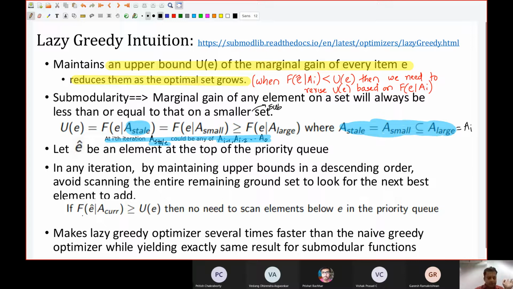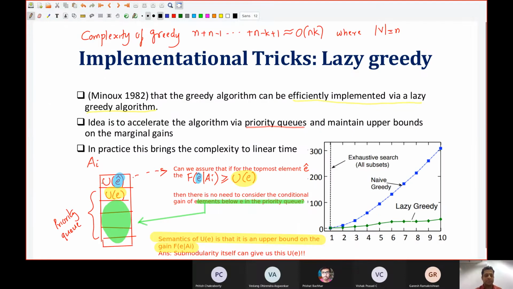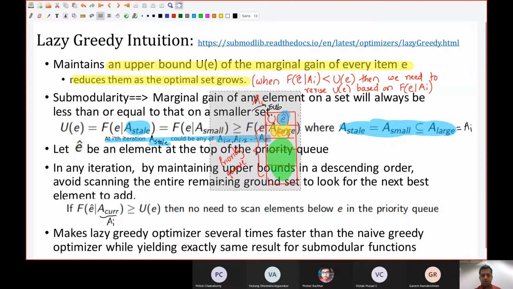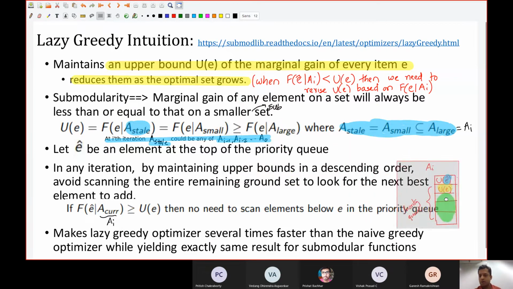So if f of E hat given A current, that is AI, is greater than or equal to U of E, and E hat is the next best element. Let me just reproduce this. Okay, this is the picture.